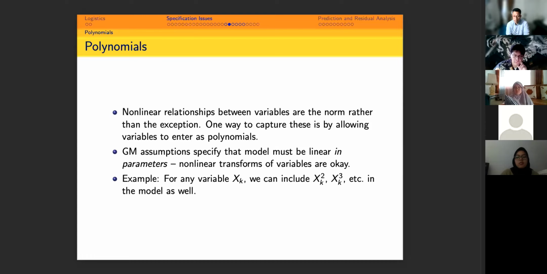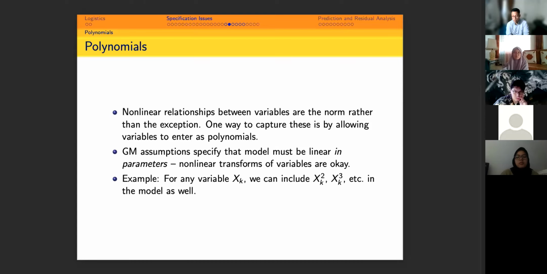For example, what if you just include a quadratic function? What if you also include a polynomial of degree 3, a polynomial of degree 4, and so on? And you want to see whether or not the addition of the degree in the polynomials actually provides you with better explanatory power of the model that you estimate.